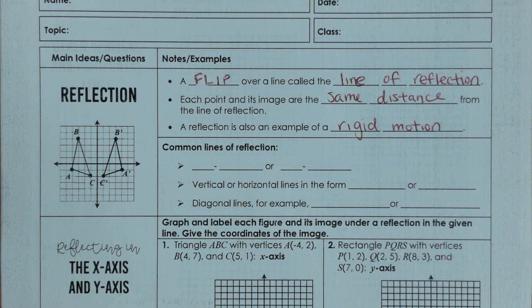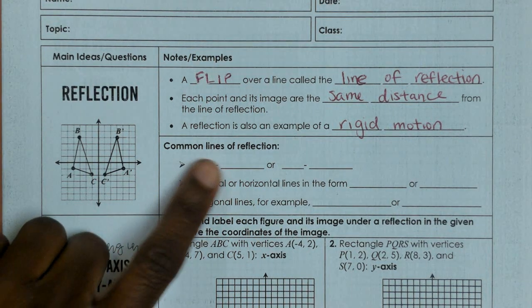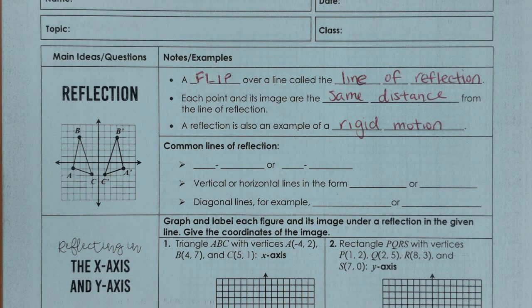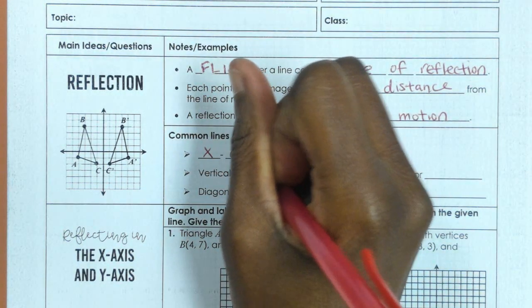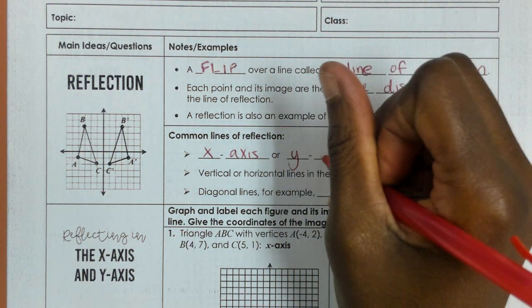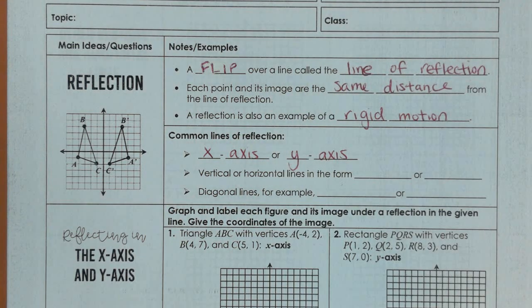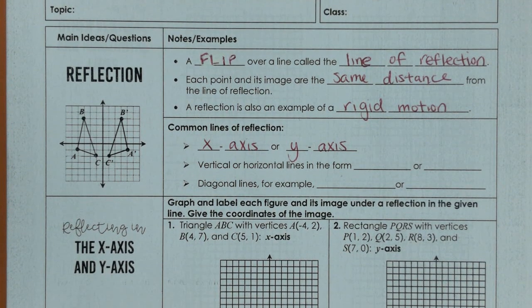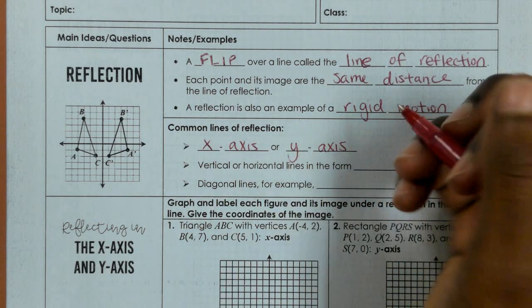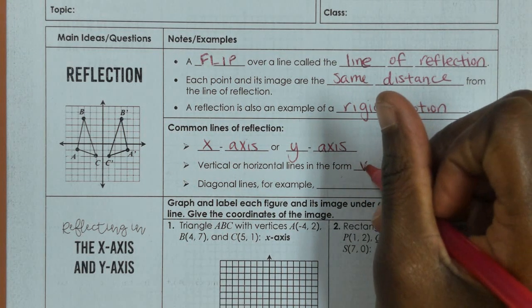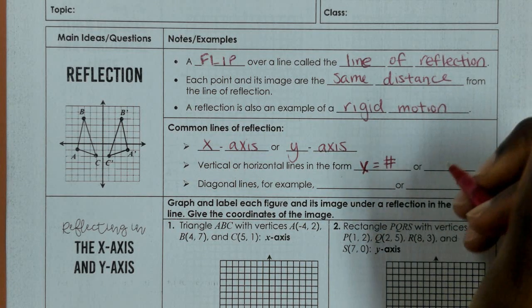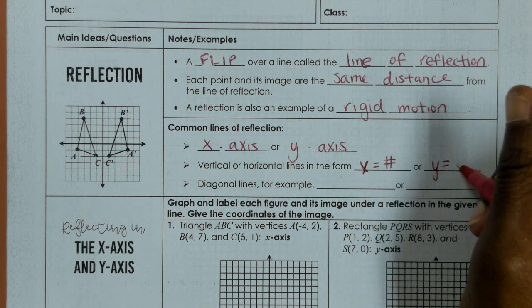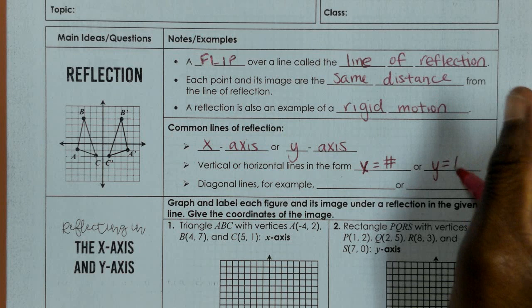So some of our common lines of reflection, we can flip something across any line, but the ones that we see most commonly in the class are the x-axis and the y-axis. And then from our last unit, we could also flip it across a vertical line, which is in the form x equals a number, and the horizontal form, which is y equals a number.